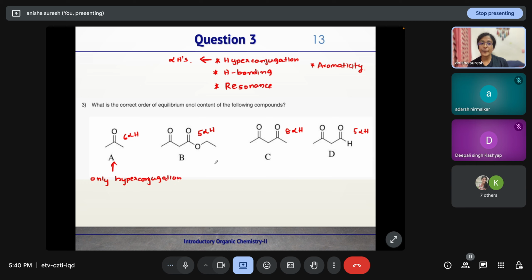But in case of B, C, and D, we can see that after enol formation, hydrogen bonding is also possible and resonance is also possible, right?